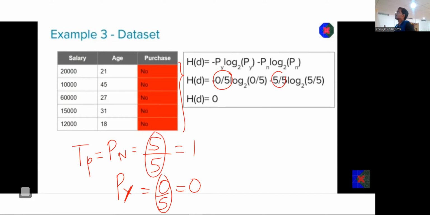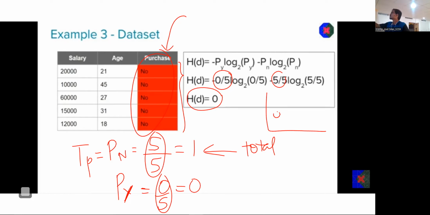And whenever you have only one type of value in the labels, or you can say that all the labels are same, at that time entropy is always 0. Why is that so? If we plot the graph, we will have only the same colored circles.